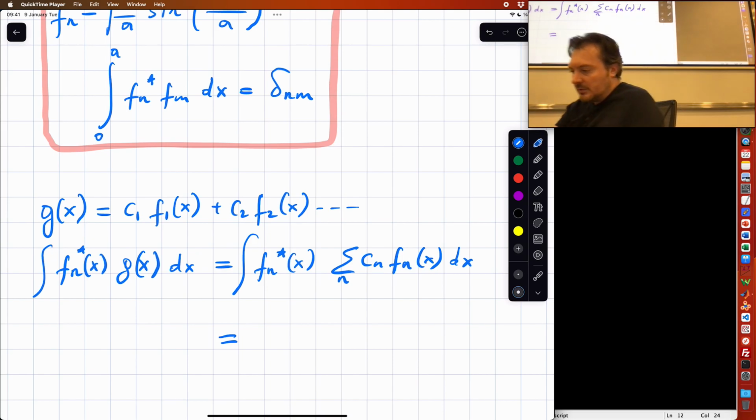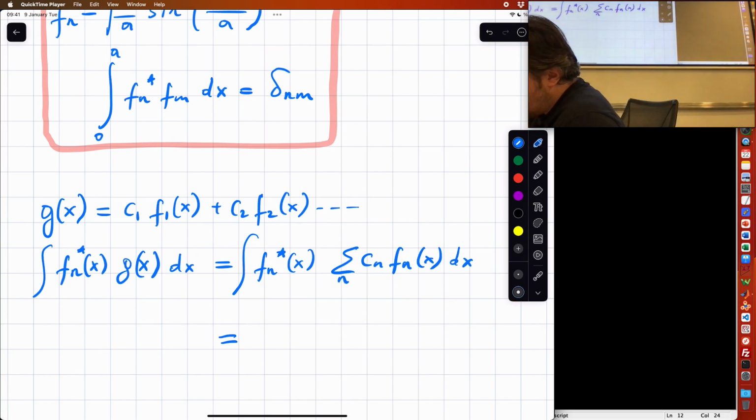I have to write different names here. Whenever fn is equal to fm, then I'm going to pick up that value, right? I'm going to pick up cn times 1.